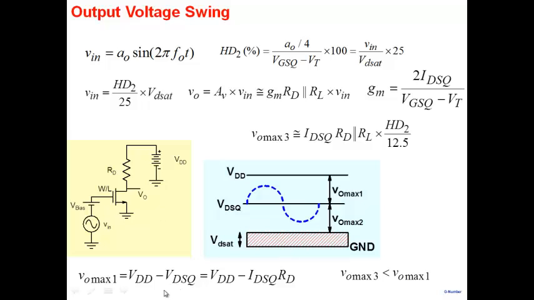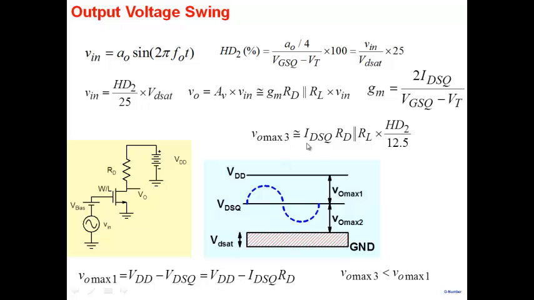If you look at the first term here, the swing that comes from the positive side, which was VDD minus VDSQ. In fact, this is not right. VDD is here and VDSQ is here. So VDD minus VDSQ will be simply equal to IDSQ times RD. So V0 max 1 is IDSQ RD here.